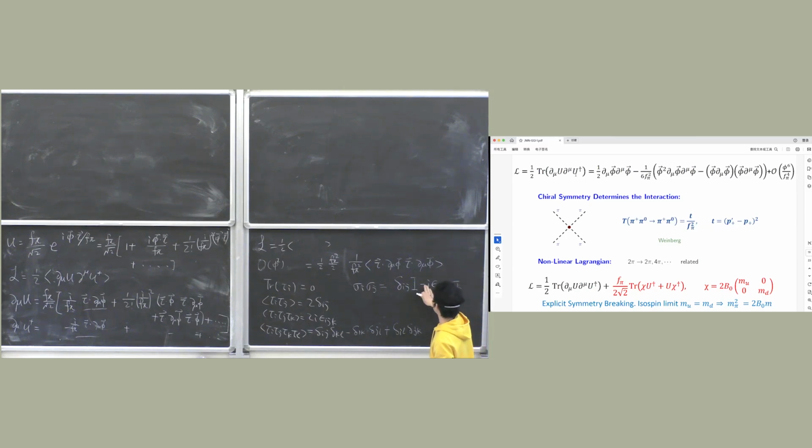I don't remember whether it's plus or minus anyway, you can check it. Just put this one into the trace, you can get these relations.